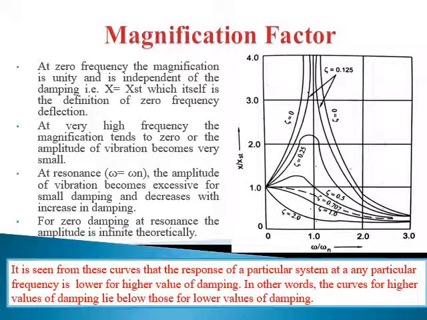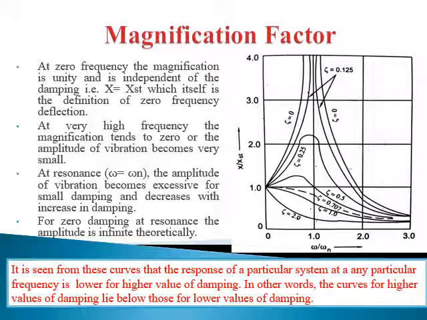At the third condition, when omega equals omega n, at this point 1, the amplitude of vibration becomes excessive. X becomes almost infinite, and it decreases with an increase in damping. For 0 damping at resonance, the amplitude is infinite theoretically.